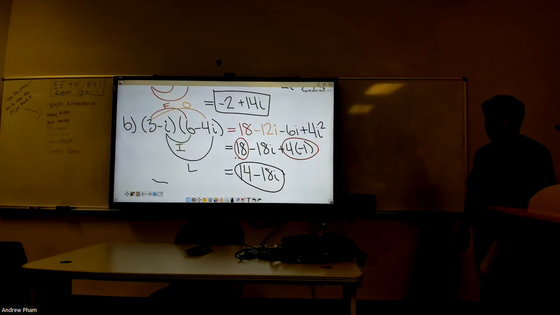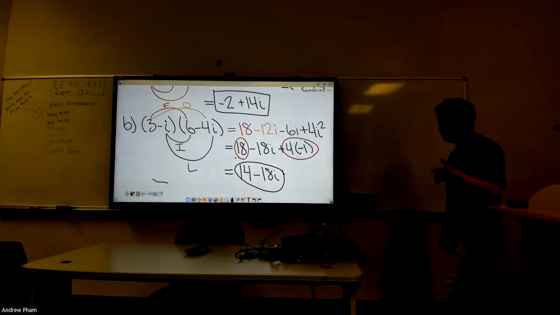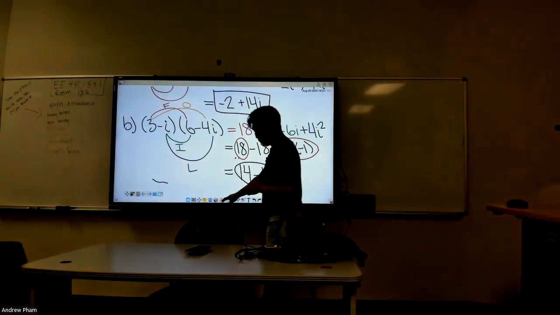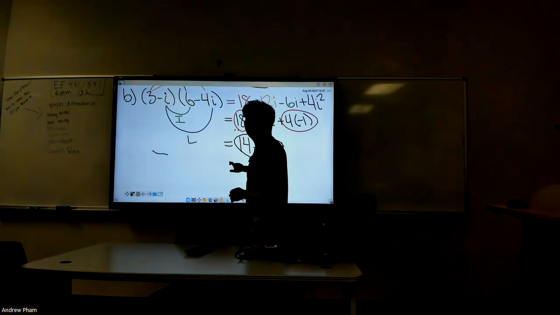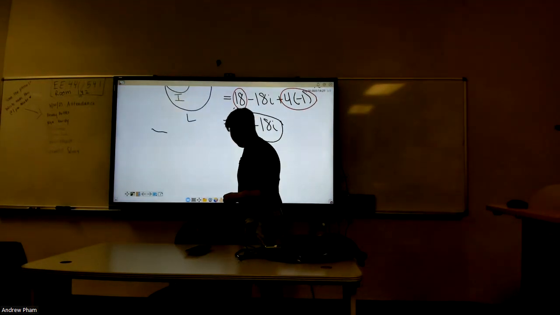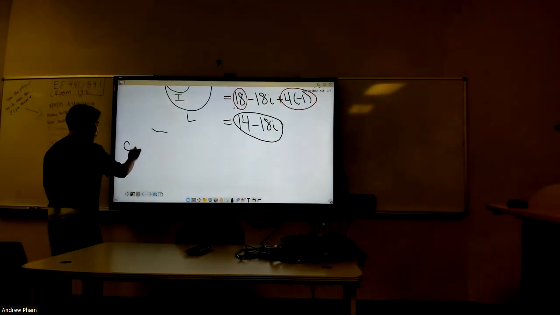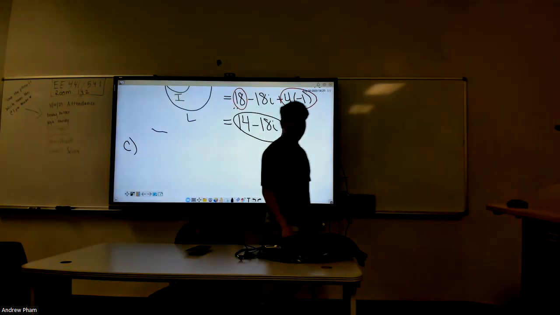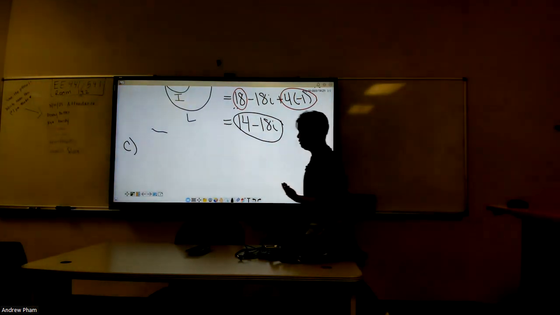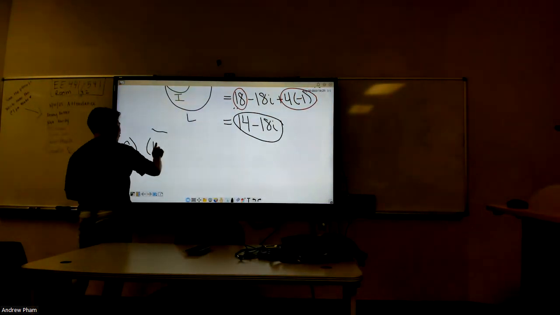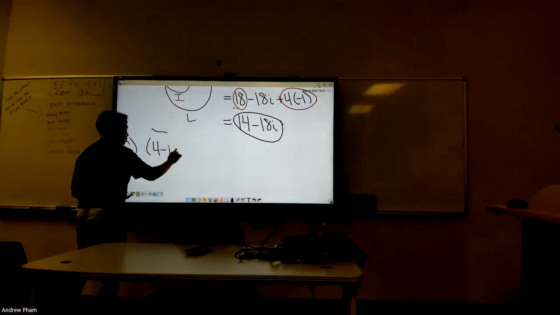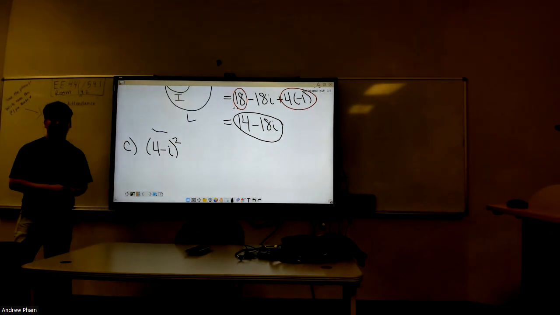All right, so I'm going to give you a part C, and then see if you can work through this. For part C, let's go ahead and do (4 - i) squared.